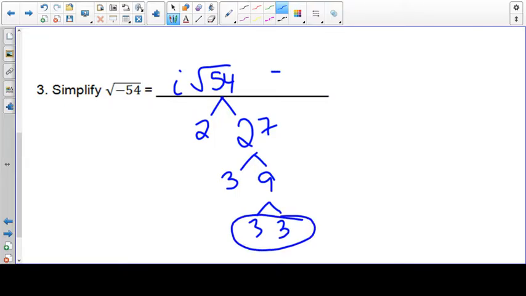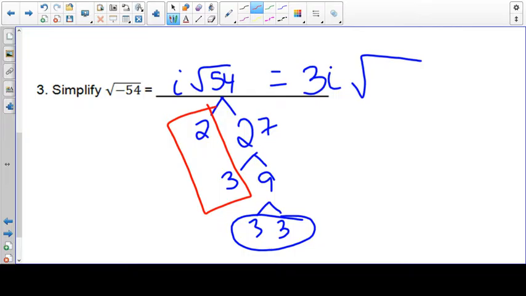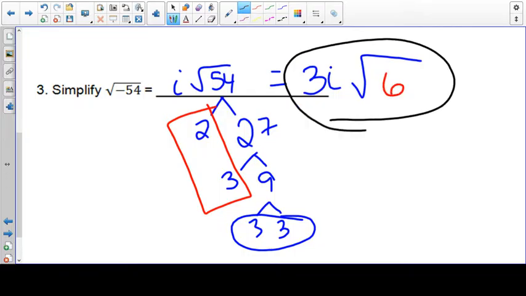So I have 3 buddies come out. I still have that i there. And then inside the square root is my guys left over, which is 2 and 3, which will give me 6. So I have 3i square root of 6.